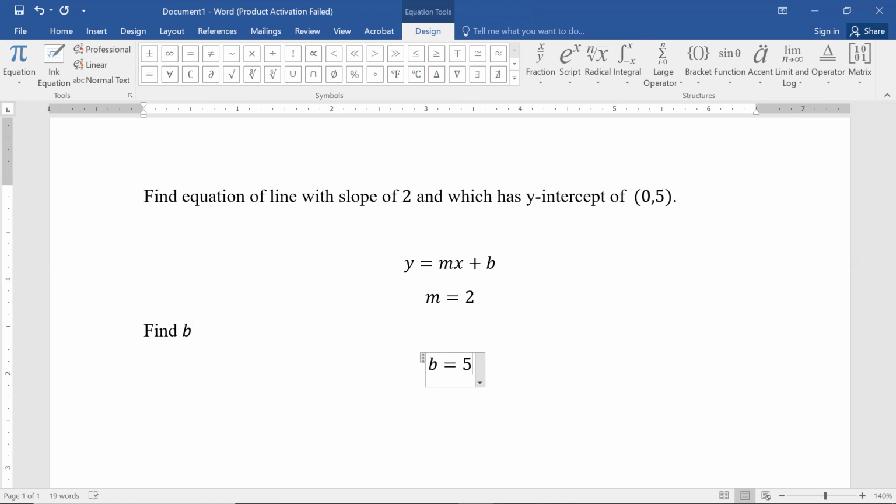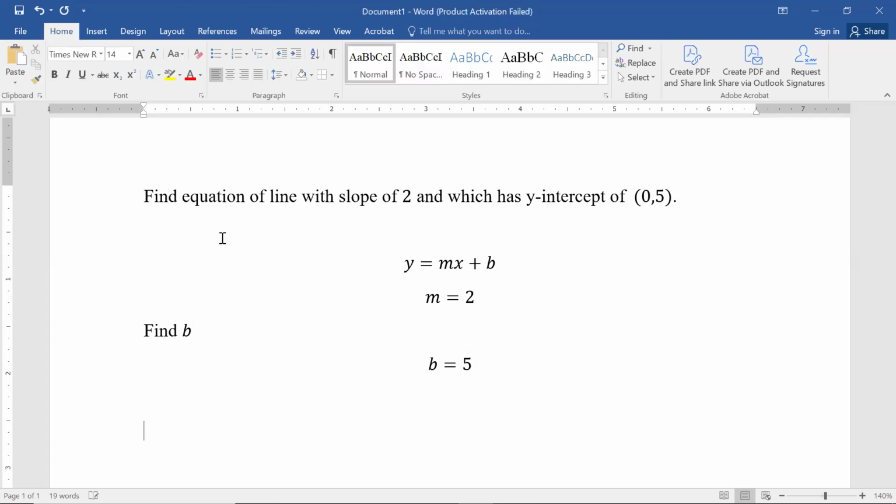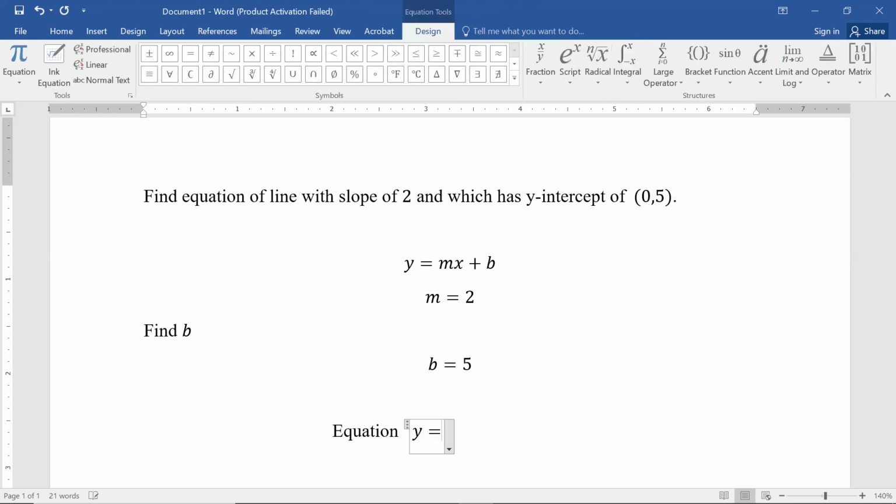But we'll see other ways to find this out in just a moment. So if I know the m is 2 and the b is 5, I can simply say, well, now I know my equation must be y equals 2x plus 5.